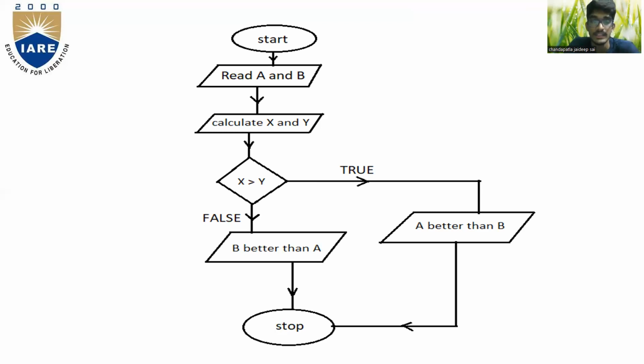So here we are using the decision control statement. If X is greater than Y, that means the summation of the statistics of X is greater than Y. If this statement is true, then we have to print A better than B. So only this block is executed if X is greater than Y. Otherwise, if X greater than Y is false, then B better than A should be printed.